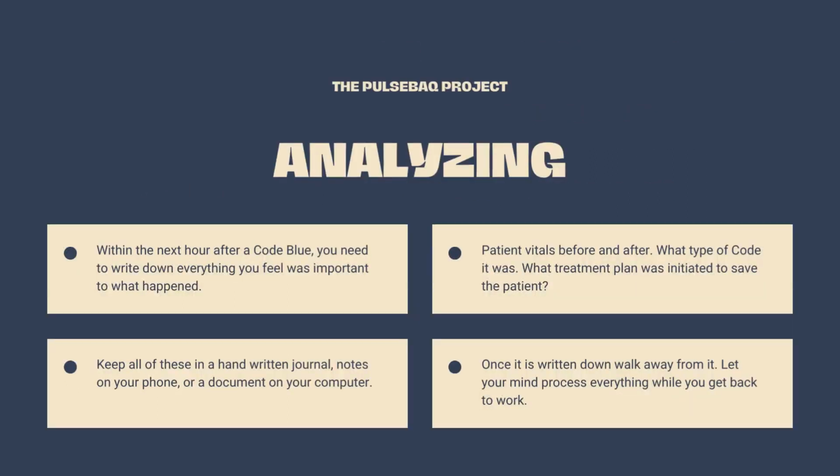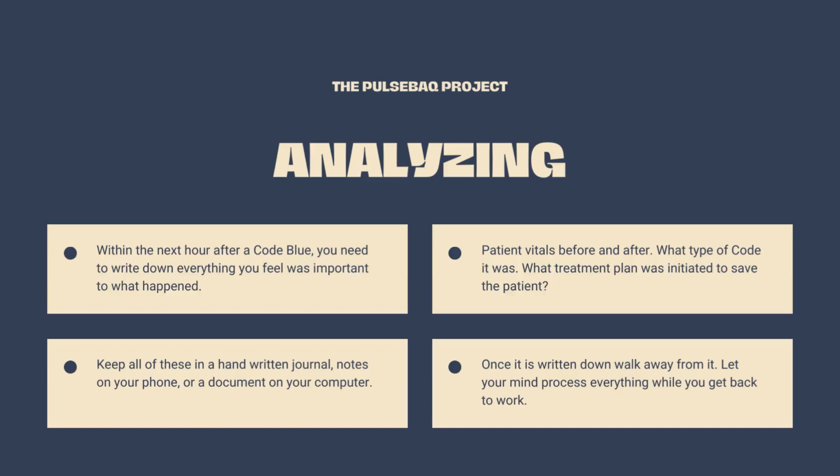So what I knew that I should do going forward is that I should start a way to figure out how I'm going to deal with these situations. So I learned to analyze what just happened. I wrote it down.